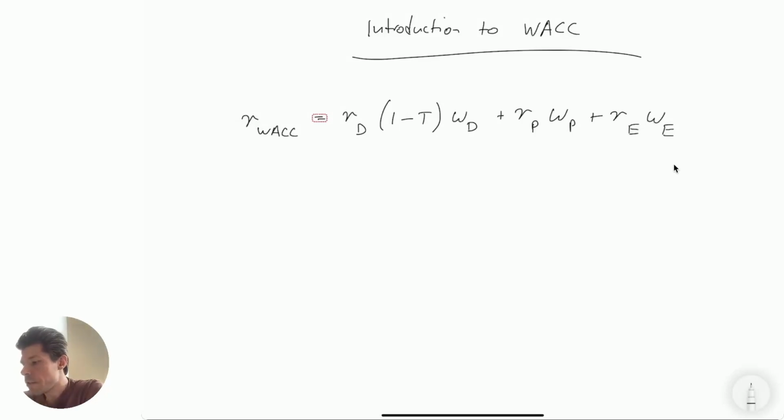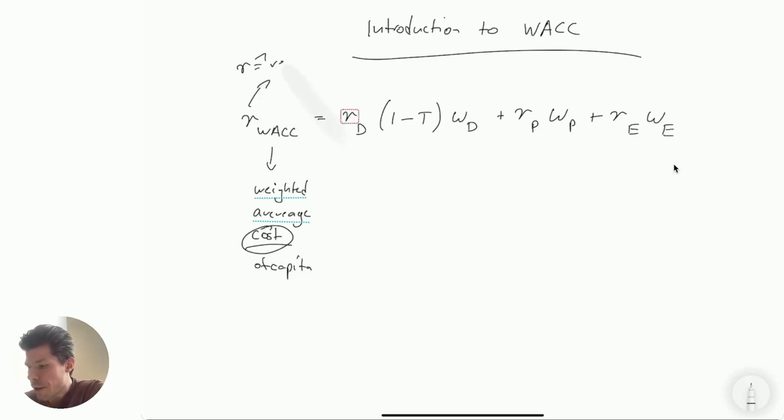This video is an introduction to weighted average cost of capital, and I would like to explain the key items of the formula that we use for valuation purposes. First, as I talked about in another video, we always use weighted average cost of capital interchangeably with R for return.